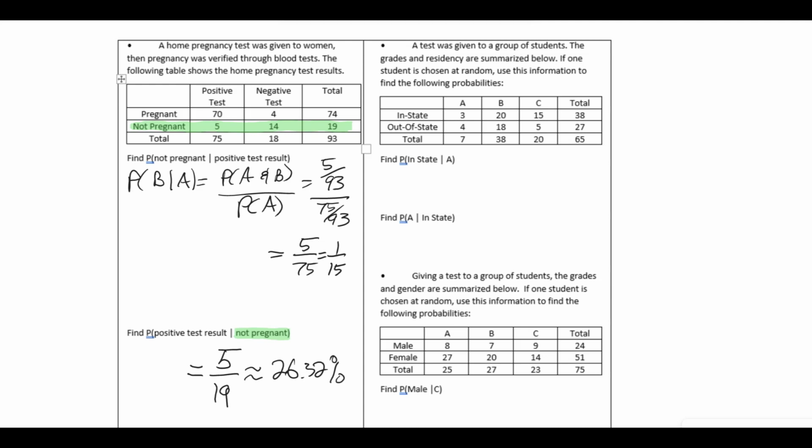26.32%. So what this says is that 26% of the time that you're not pregnant, you'll get a positive test result based off of this two-way table and the stats for this pregnancy test. Not necessarily the best situation.